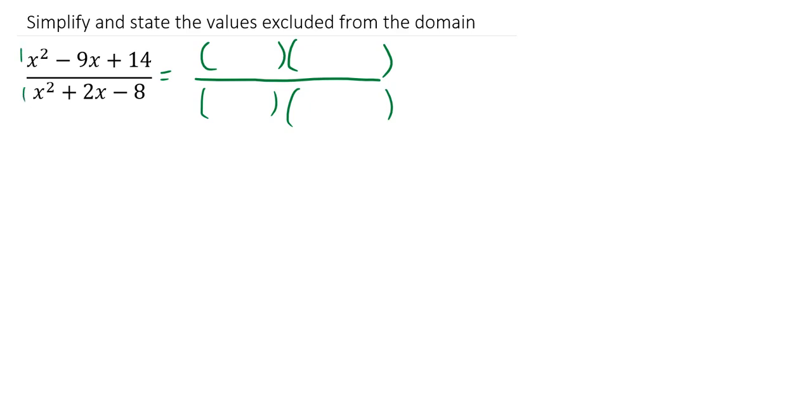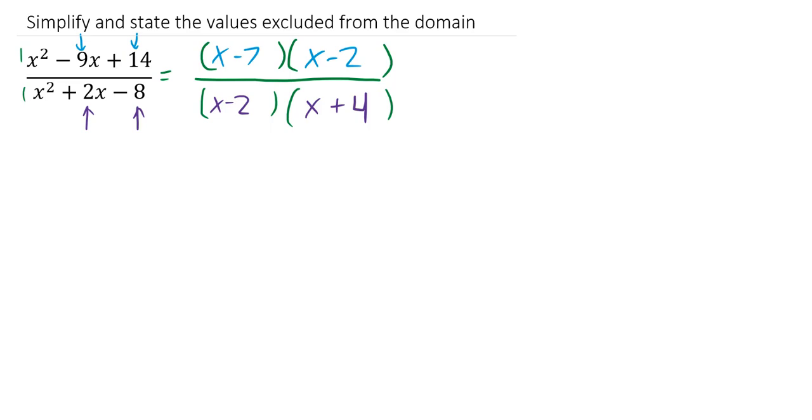When it's a leading coefficient of 1, I know it's the easy version, where I just need to think about what multiplies to 14, adds to negative 9. That's going to be negative 7 and negative 2. And for the bottom, I think about what multiplies to negative 8, adds to positive 2. That's going to be minus 2 and plus 4.